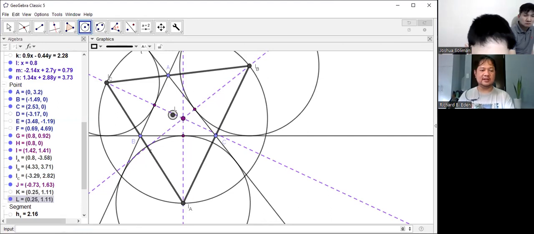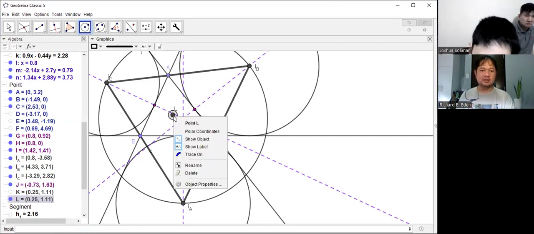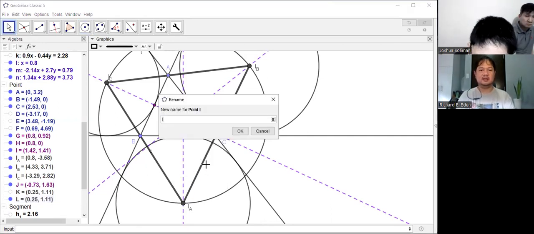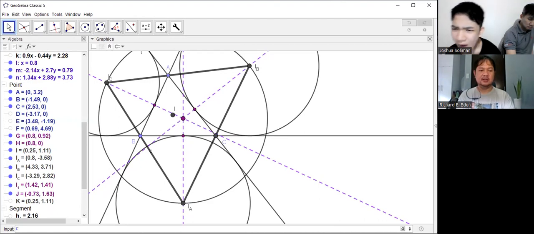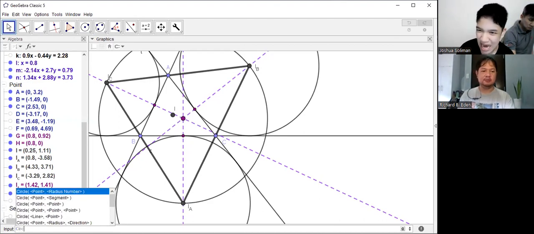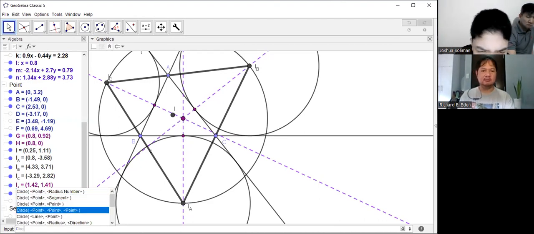So ayun, that's the i-rename natin to as I. Point. Okay, and then for ABC, for the circumcenter, drawing natin the circle through ABC.